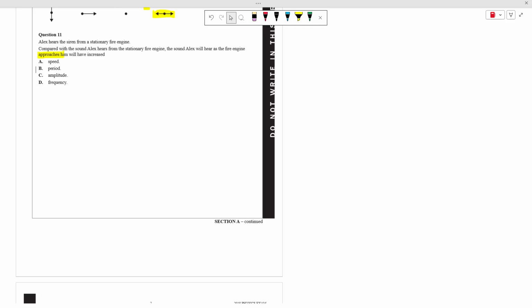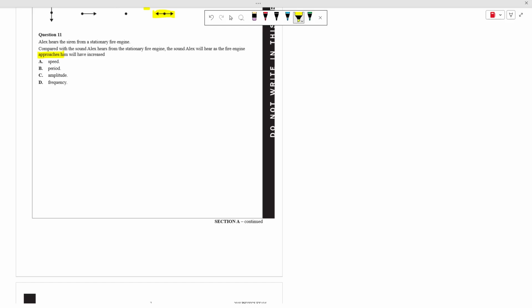So we're not going to say it's period. Here's an interesting thing though, the amplitude. The perceived loudness of the sound, sure, that may increase because the fire engine is coming towards you, it's just closer.